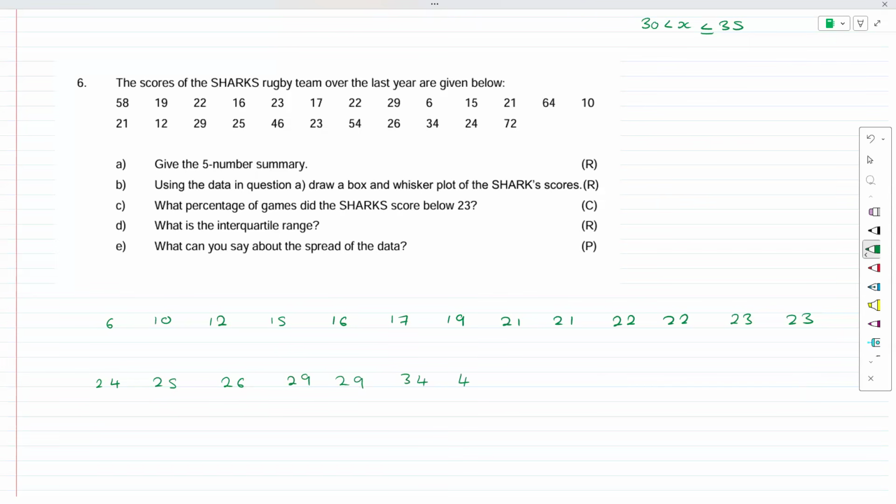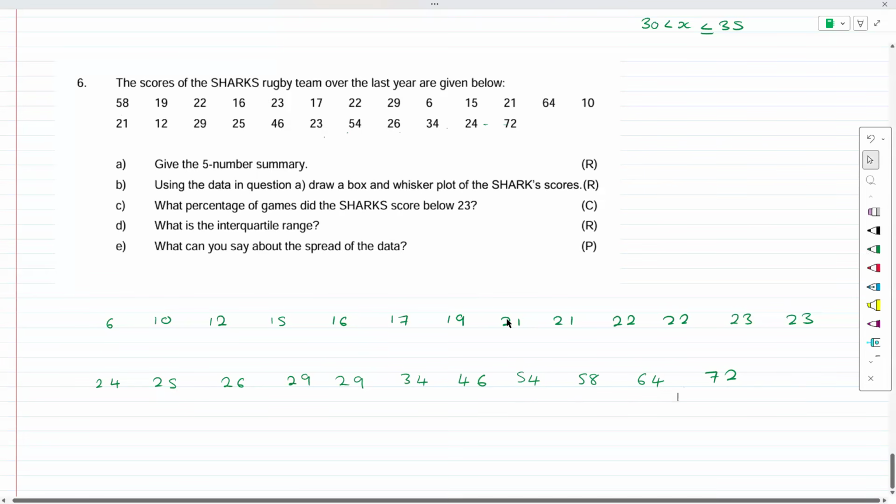You're allowed to scratch out on the paper, so don't stress. 54, 58, 64, and 72. Double check. There should be 2, 4, 6, 8, 10, 12, 14, 16, 18, 20, 22, 24, 2, 4, 6, 8, 10. Okay, cool. So I am correct.